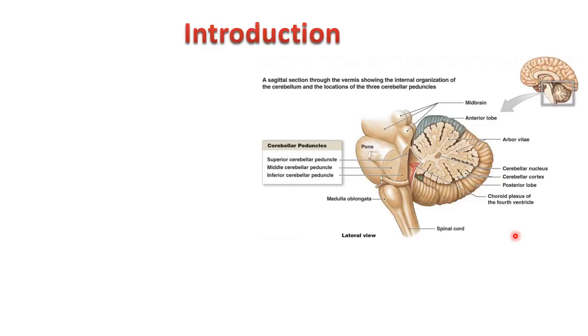Now, the CSF, which is produced inside the ventricular system, has to reach the subarachnoid space. That mainly takes place in the fourth ventricle. So the CSF escapes into the subarachnoid space mainly through the fourth ventricle.